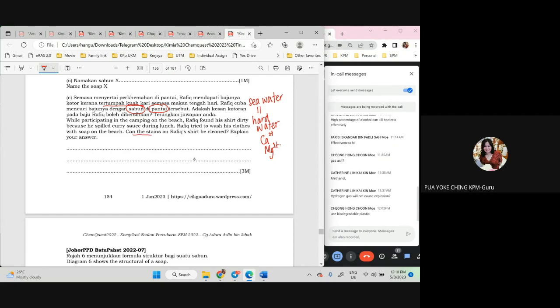So can the stain be removed? No. So answer, seawater is the hard water that contains calcium ion and magnesium ion. Soap forms scum in seawater. Okay, so it cannot remove or clean the shirt.